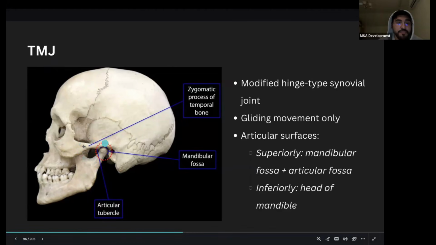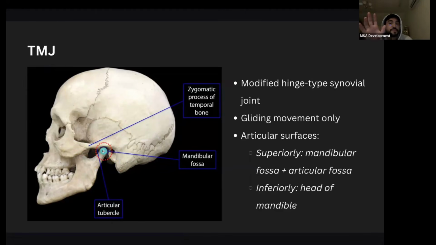Here you have the zygomatic process of the temporal bone. Here you have the mandibular fossa, and here you have the articular tubercle, right here. So in the articular surfaces, we have superiorly the mandibular fossa and the articular tubercle, right here. And inferiorly, you're going to have the head of the mandible.